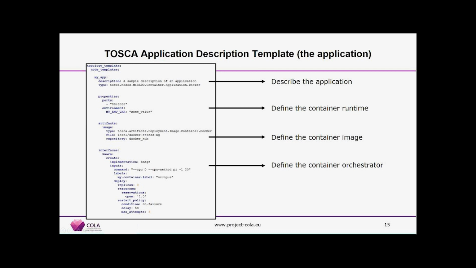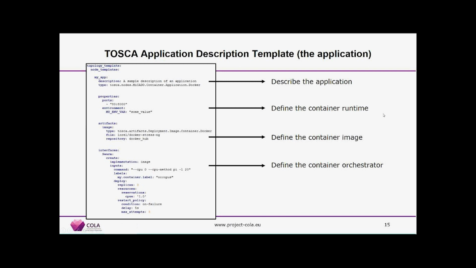And the container runtime, keep in mind there's a difference between Docker and Docker Swarm. So Docker is the container runtime. That's the actual container that exists on a virtual machine. Docker Swarm is a container orchestrator. So that decides how to deploy those containers in the cloud, or over a cluster at least.